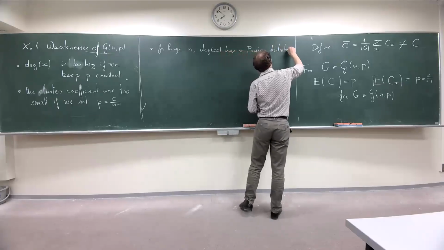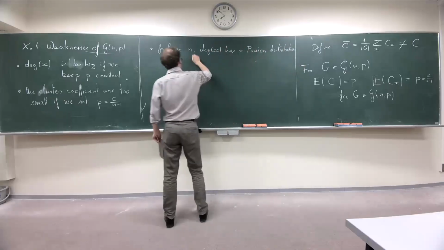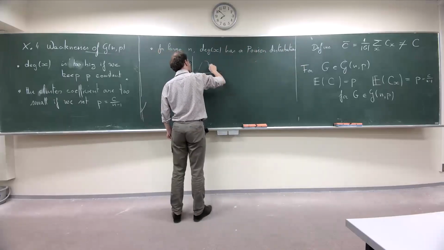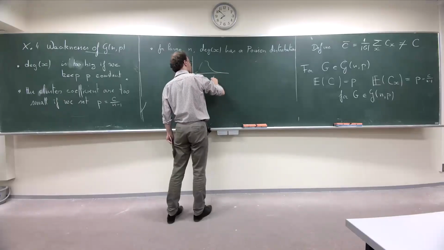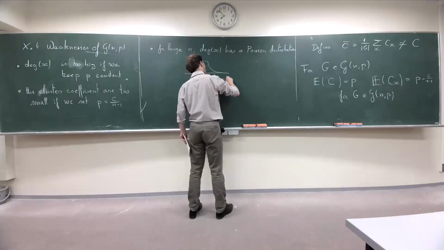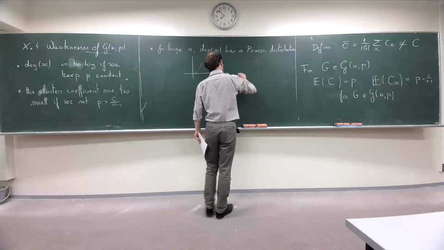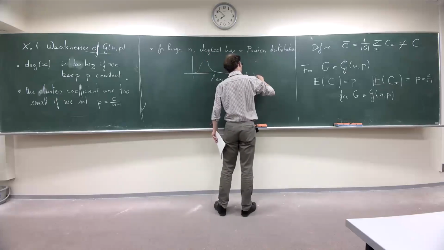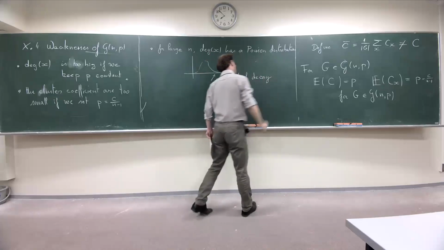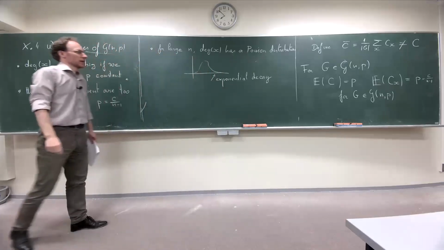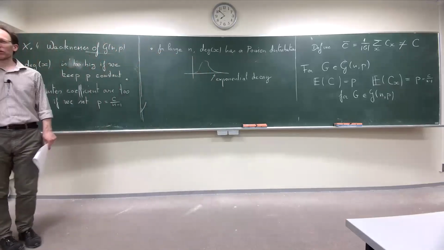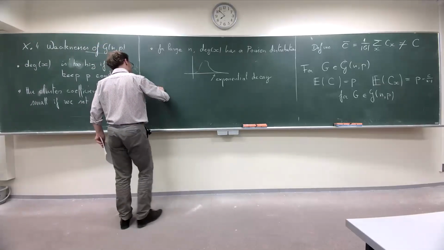But the Poisson distribution has an exponential decay. And again, in applications, often it's not decaying so fast.